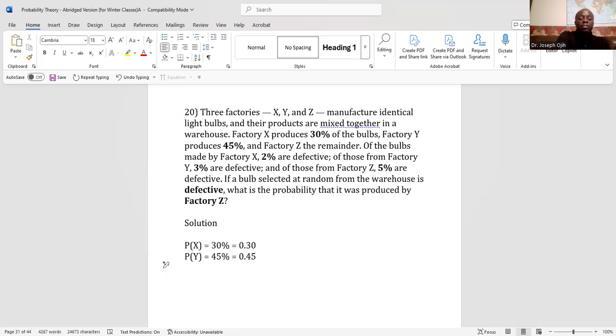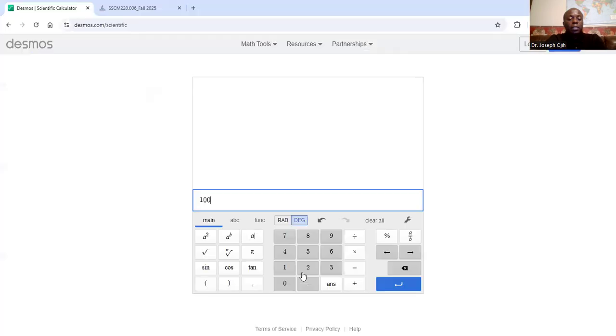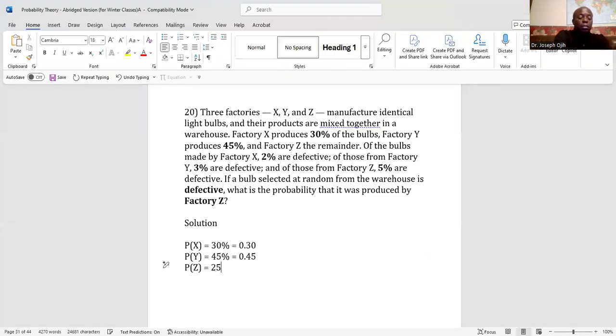Then the rest are produced by factory Z. Probability of factory Z will be 100% minus 30% minus 45%, which is 25%. So it produces the remaining 25%, which is 0.25.